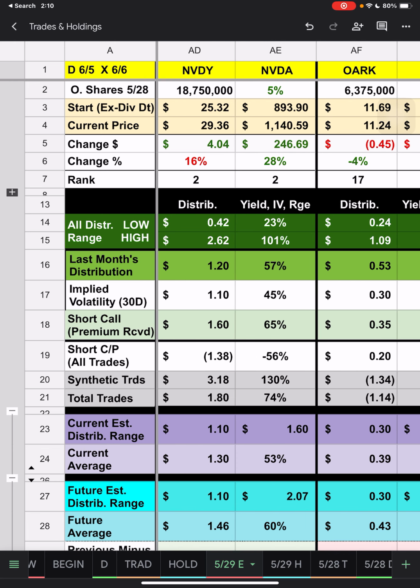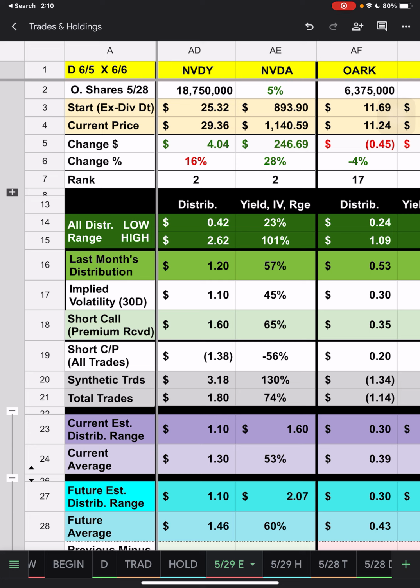In NVIDIA here, again, it's a larger payout one. Today we're showing an estimate between $1.10 to 207, which is pretty wide, but the average there being $1.46.